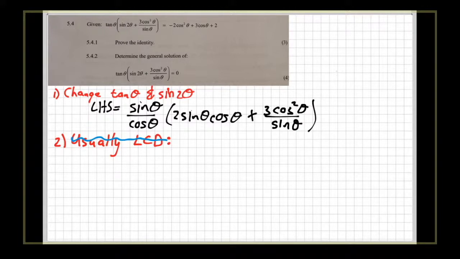What I'm actually going to do is multiply the sine theta over cos theta into the brackets.